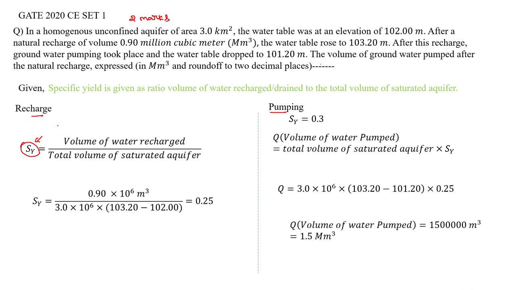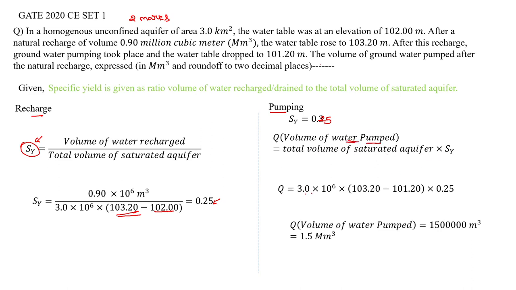SY will be the volume of water recharged to the total change in volume, 103.20 minus 102.00, and it becomes 0.25. Use this specific yield 0.25 and calculate the volume of water pumped from this aquifer. It will be the total volume of saturated aquifer into the specific yield.